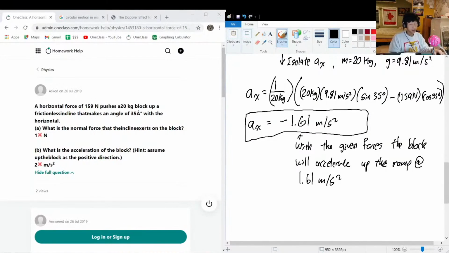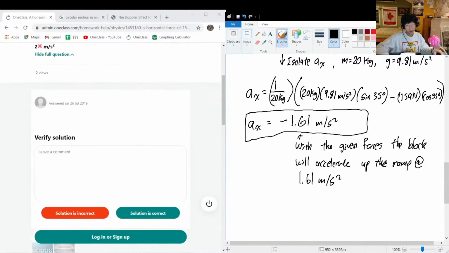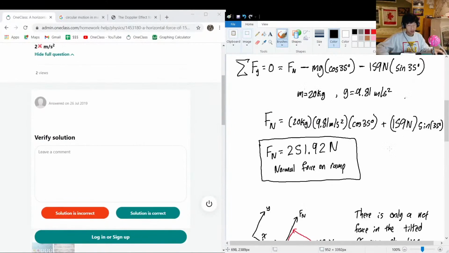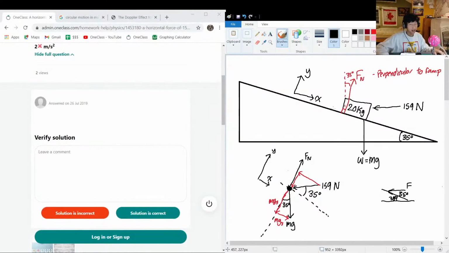Now, I think I've seen questions similar to this in my first year of university when I was doing engineering. So, it is fun stuff. The main key here is that you want to set your coordinate axis to be along the ramp and then resolve your horizontal and gravity forces to be along those tilted axes.